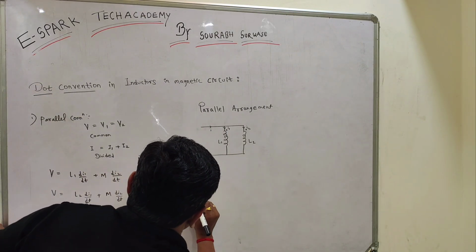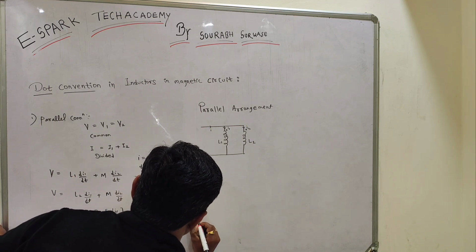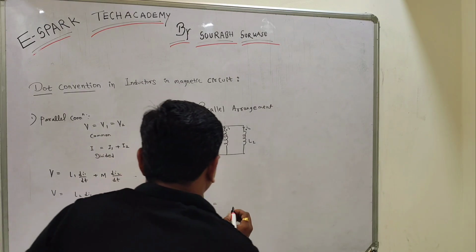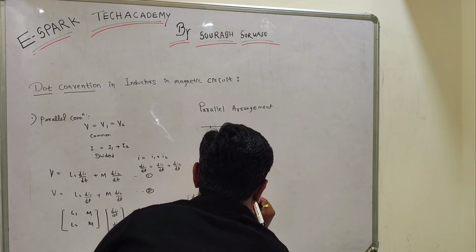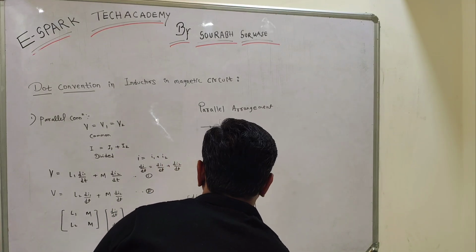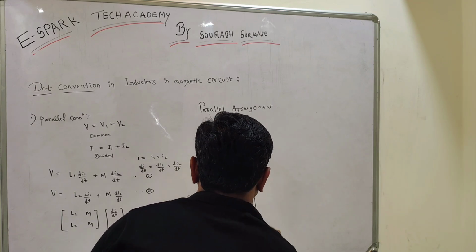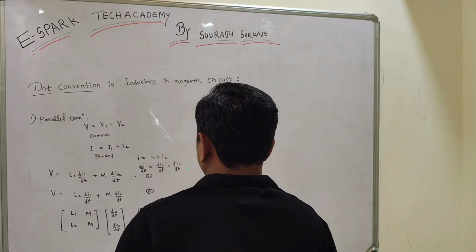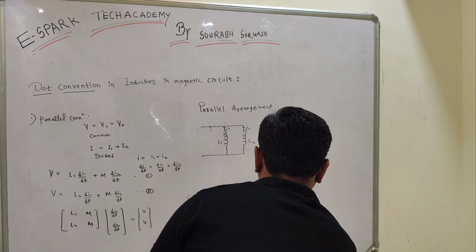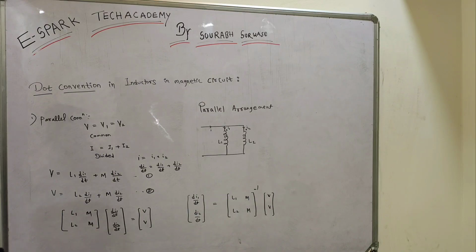So di1 by dt and di2 by dt will be the matrix inverse of this matrix of L1, M and L2, M, times V, and this V will be common in this case.